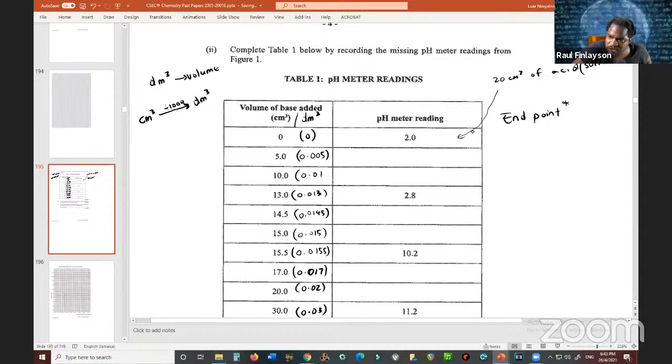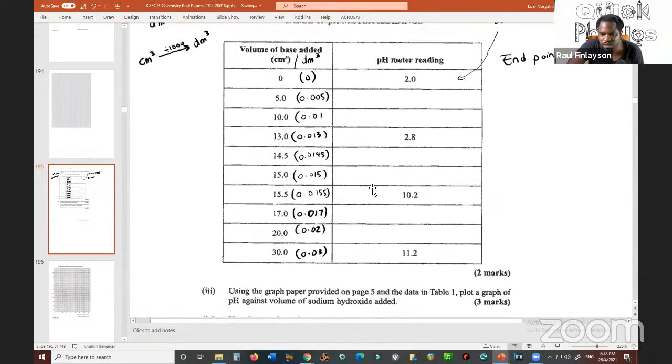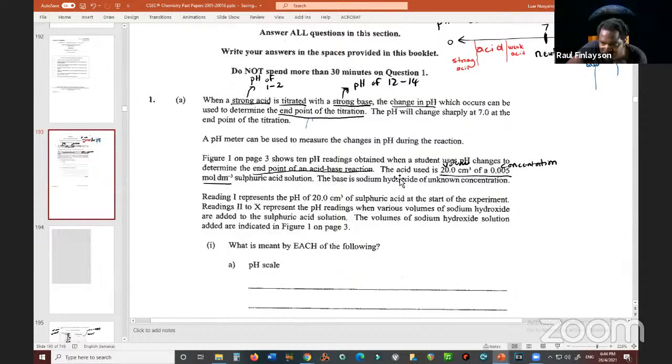This again, I'll tell you, the students need a lot of practice with this one. I would say it's a lot of information to store in your head going into an exam, but again, repetition is key here. So again, guys, just understand the question here. They're telling you that the acid used is 20 cm cube of this.